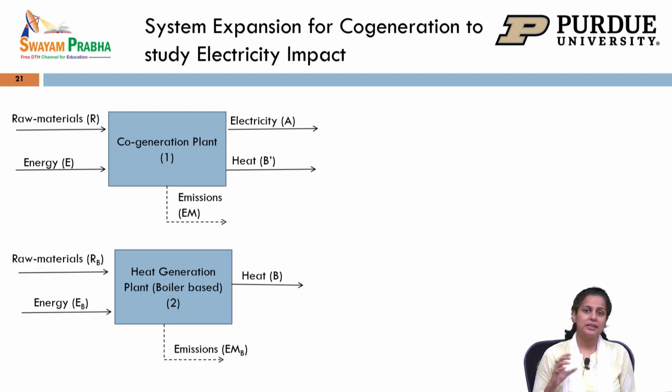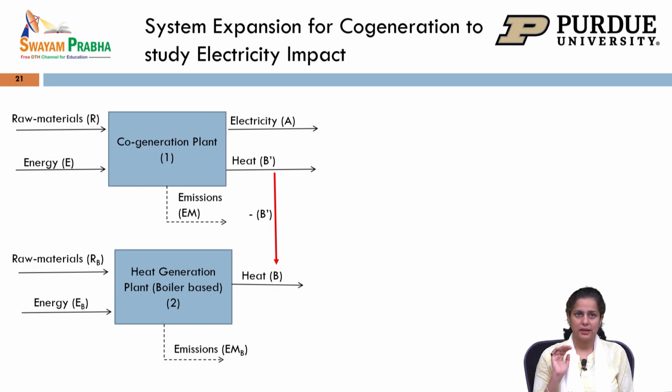So, we have an alternative process for making heat in the market, and that demand is going to reduce because we are going to meet a certain amount of demand by B prime. So, in this case, we will give credit of the amount of B prime to electricity by reducing the impact.